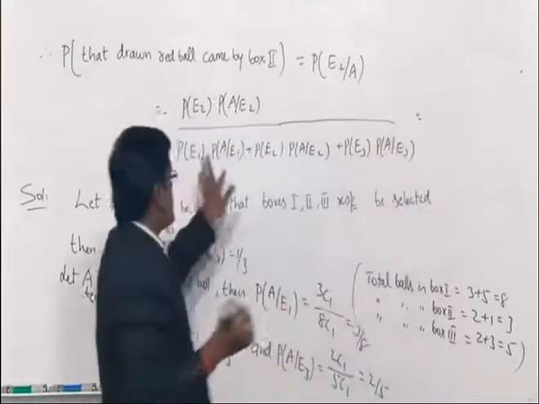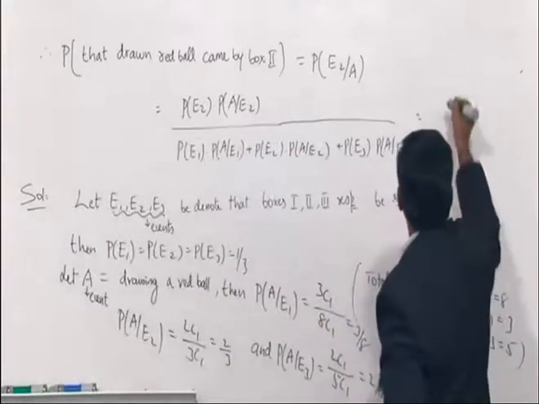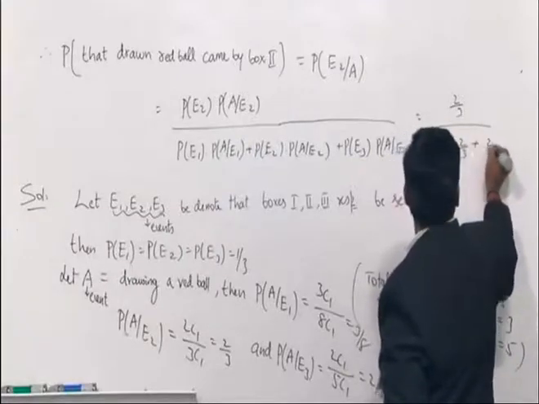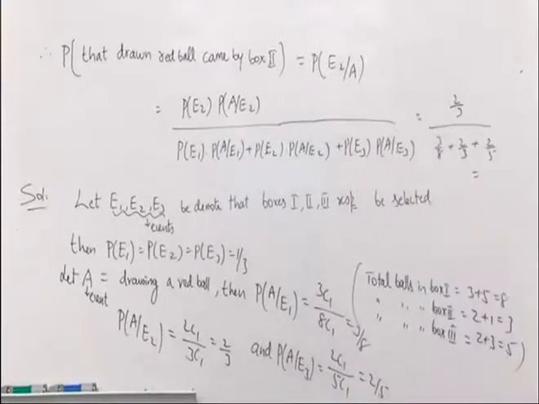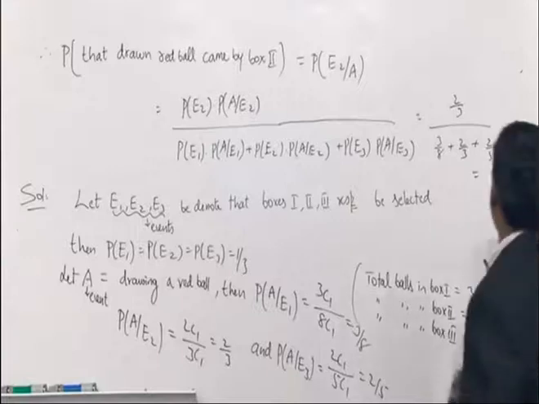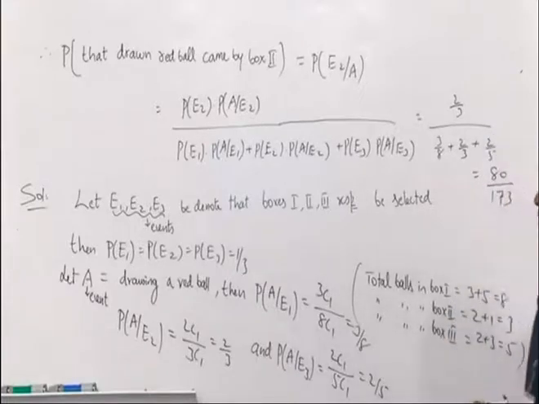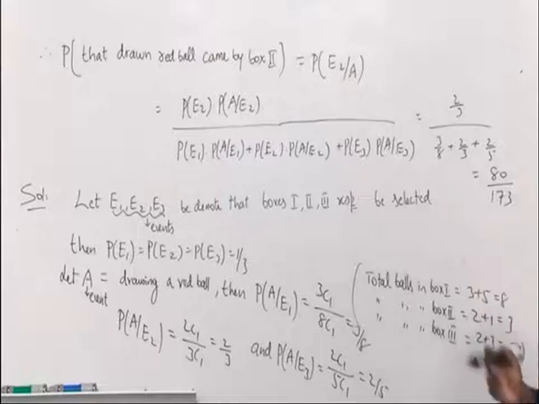In all these, the pre-multiplications are common, so 1 by 3 is cancelled. P of A given E2 we got 2 by 3, and this is 3 by 8 plus 2 by 3 and this is 2 by 5. After taking LCM and simplifying, it is 80 by 173. Later you check. The answer is 80 by 173 after cancelling all the 1 by 3s in the numerator and denominator.